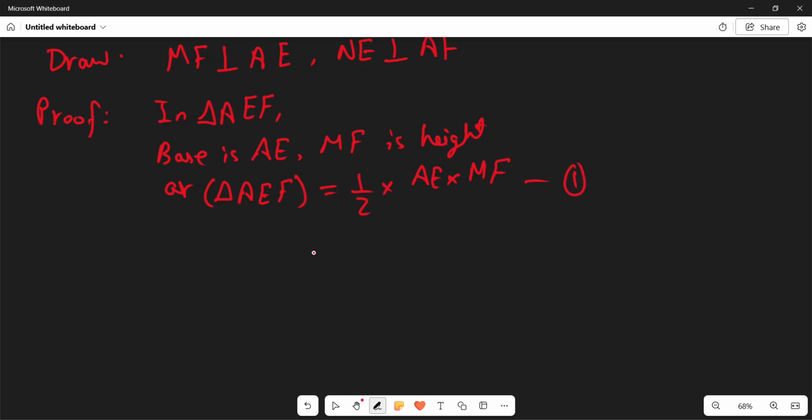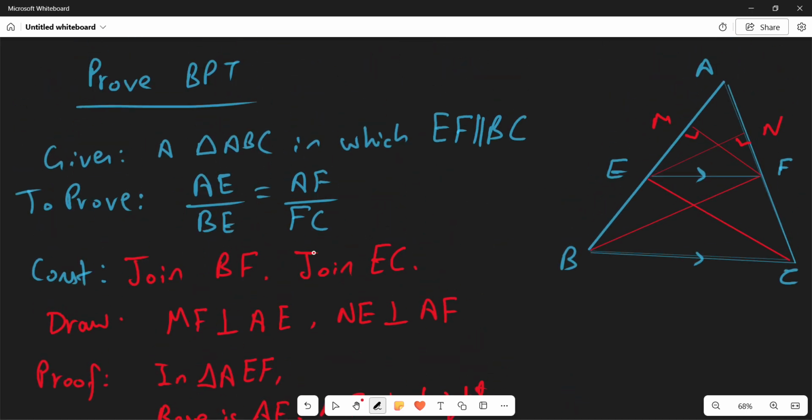First equation. Similarly, now in triangle EFB, in this triangle EFB, this time BE will be the base, but height will remain MF. Okay, MF will remain the height of this triangle, because only a perpendicular side can be the height. It's always a perpendicular to the base that makes the height. If BE is slightly extended to M, you can see it becomes BM, and MF is perpendicular to BM, so MF will be the height.